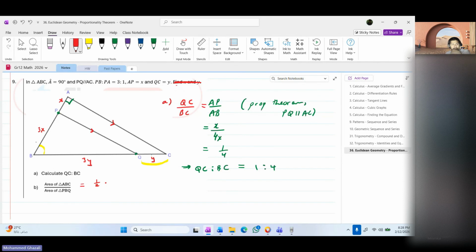Half times 4x times 4y times sine B. And PBQ, half times 3x times 3y times sine B. Now you can clearly see that sine B cancels out, half and half cancel out, the x's cancel out, the y's cancel out. 4 times 4 is 16, and you get 16 over 9. That's your answer. Quite simple, guys.